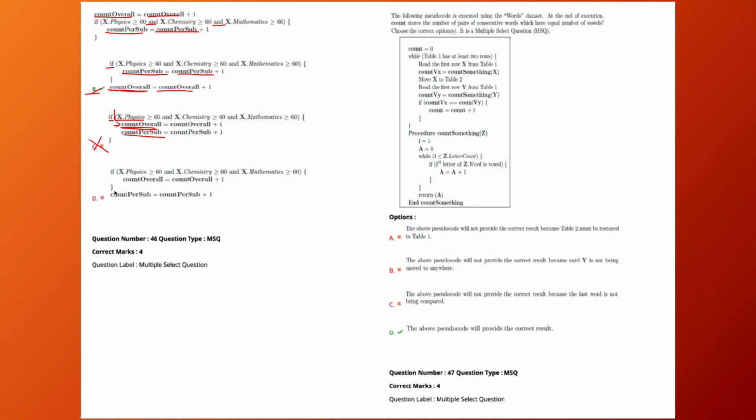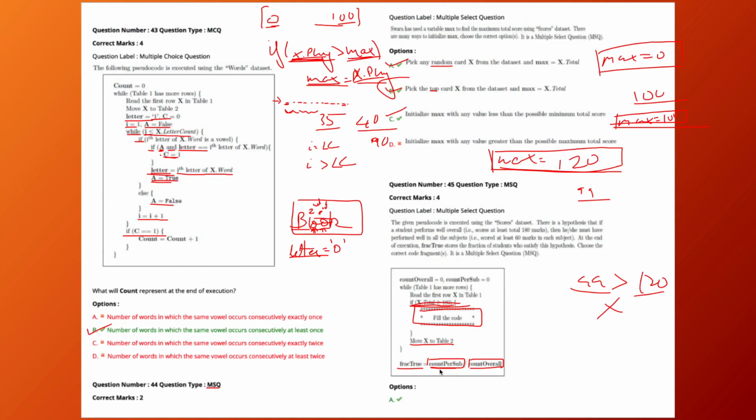Now option D says that if all 3 subjects this person has scored greater than or equal to 60, we are now incrementing count overall by 1 instead of the per subject count. In that case, our fraction would be the opposite. It would be an inverse of a fraction, because we are computing the fraction as count per sub divided by count overall.